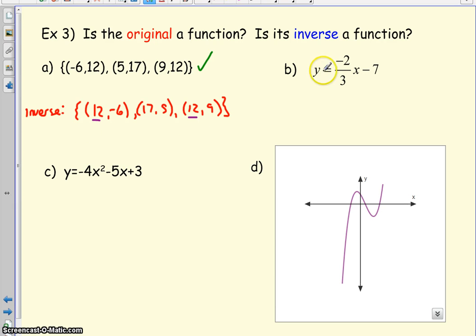So here, looking at y equals negative 2 over 3x minus 7, that's a line, so that's clearly going to be a function. Okay, and if you think about what the inverse is going to be, without even having to think about what the actual equation would be, well, think graphically. You have a line, you're reflecting across the line y equals x. The inverse is also going to be a line, so the inverse should also be a function.